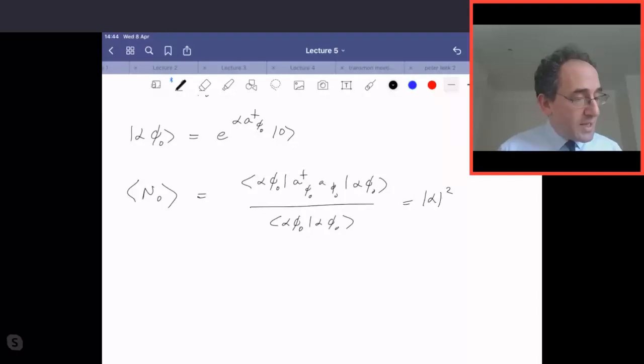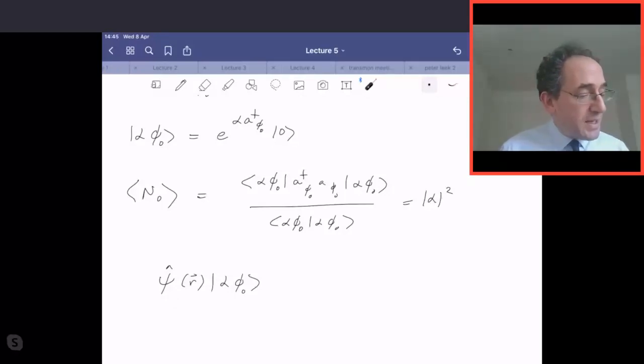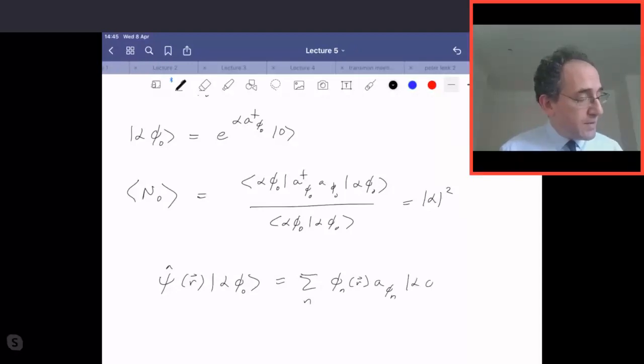Now we can calculate what the destruction operator at a point r does to this state phi naught by using our basis transformation. Let's rewrite this destruction operator at a given point in terms of our basis of orbitals phi n of r, a phi n on alpha phi 0.